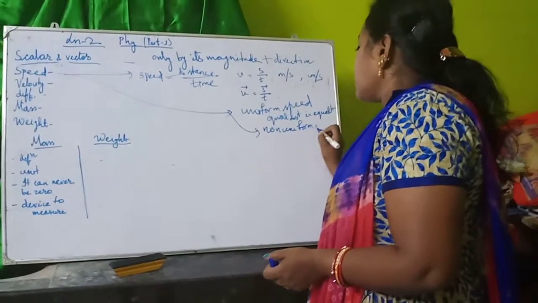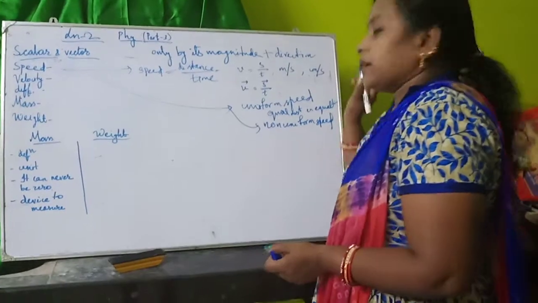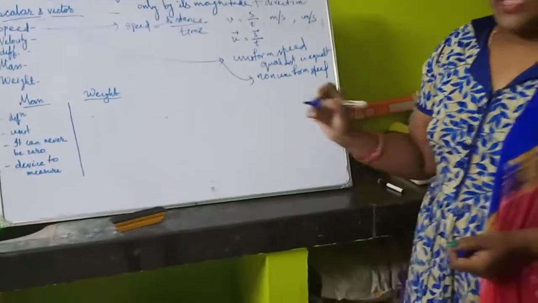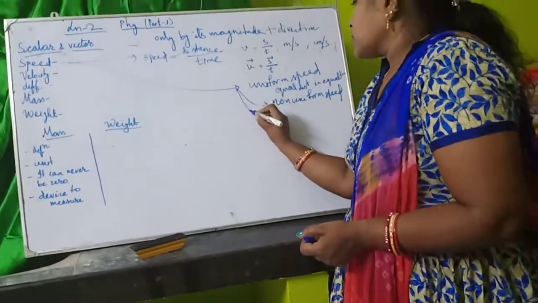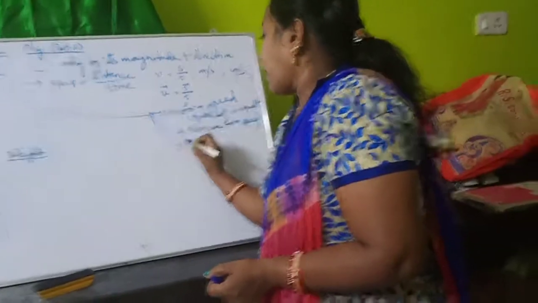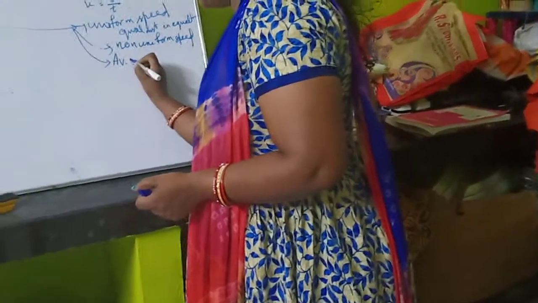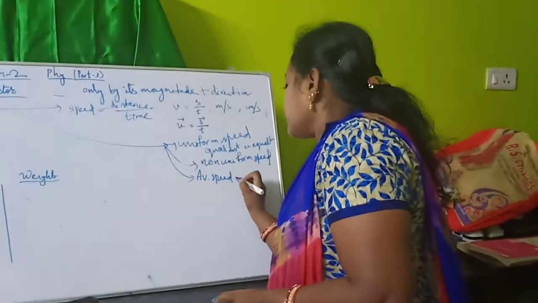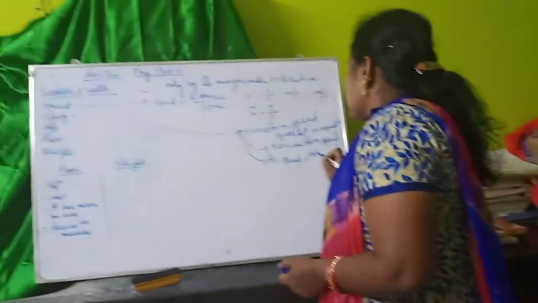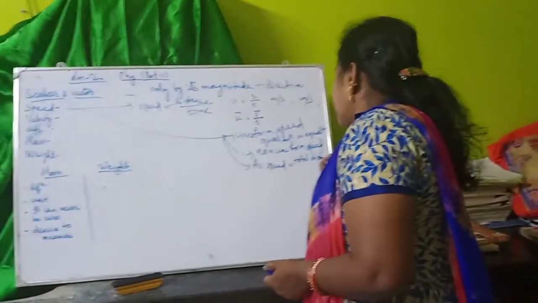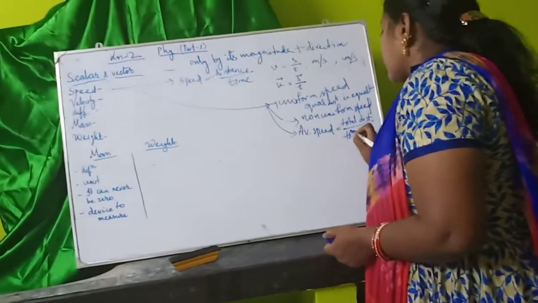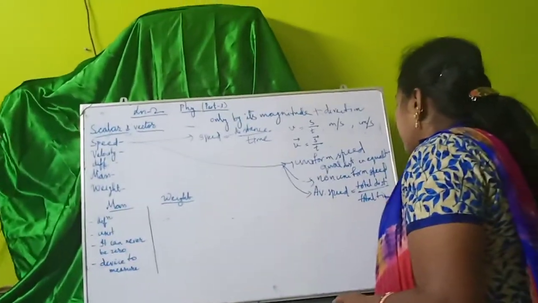Another, the third category, is average speed. Average speed is defined as total distance traveled divided by total time taken.